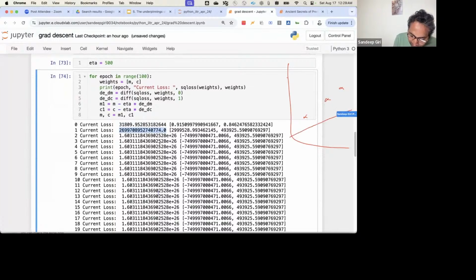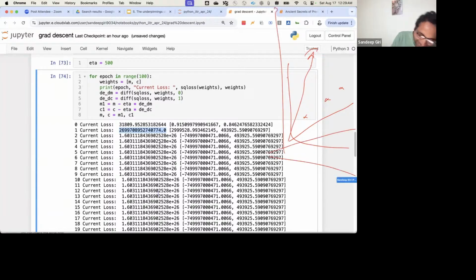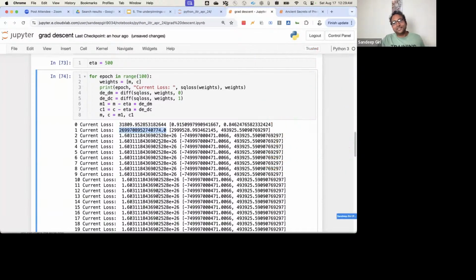And then instead of taking a small step, we took a really big step from here to here. Then further bigger, further bigger, further bigger, right? And it has gone mad. You see, 10 to the power.